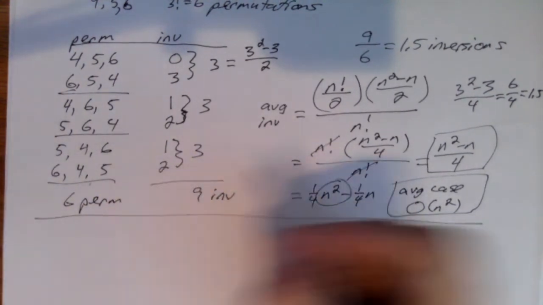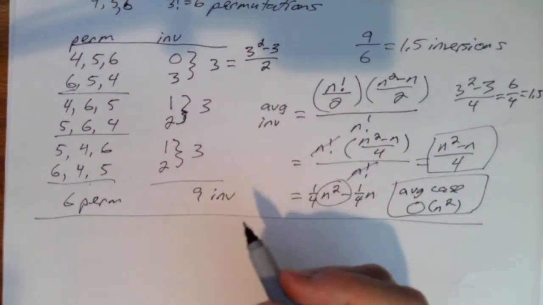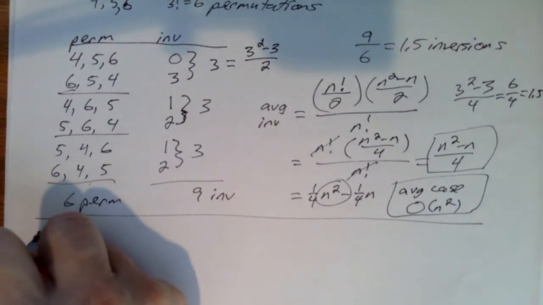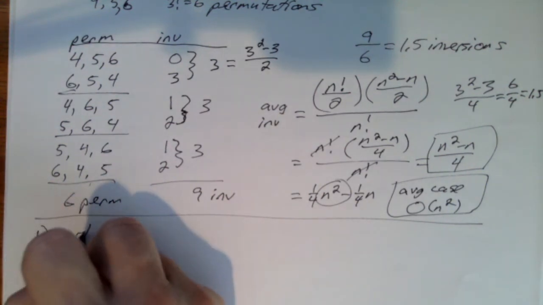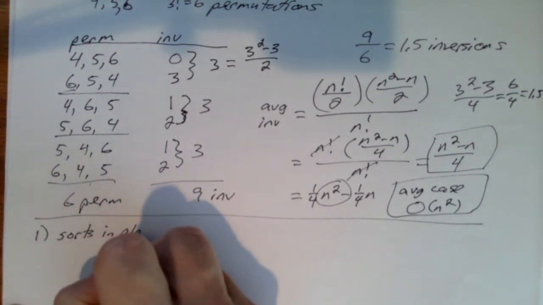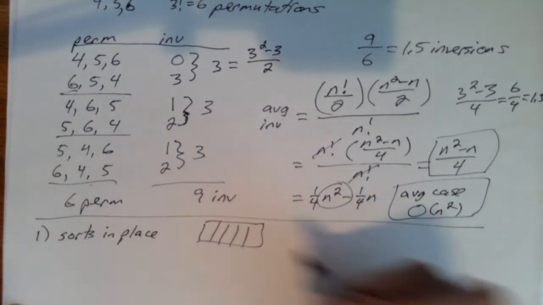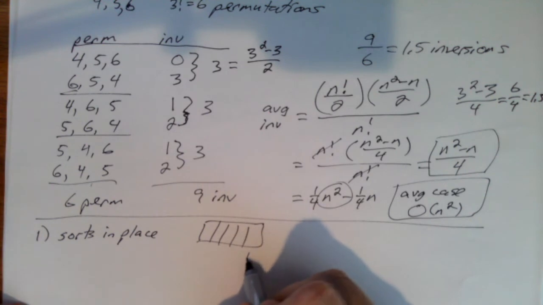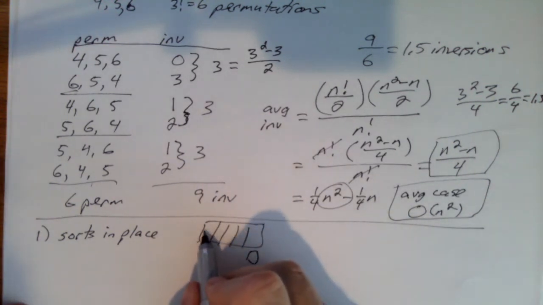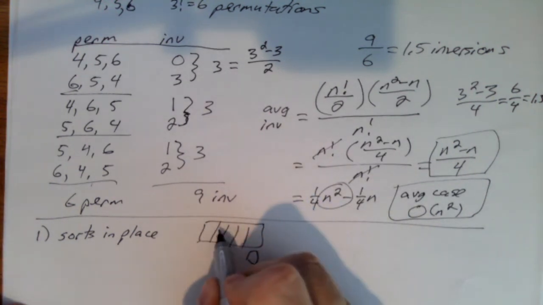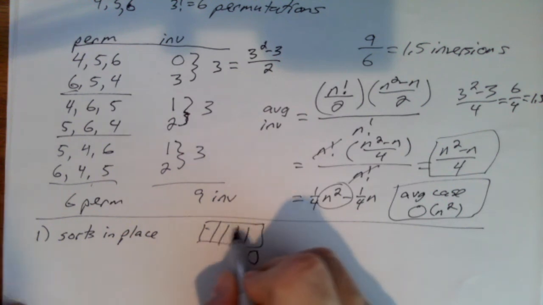So what are some additional comments we can make about insertion sort? So one of those is it sorts in place. What that means is if we have these values here, other than some temporary storage, we basically just take values and reuse the same space as we're sorting, moving things around, right?